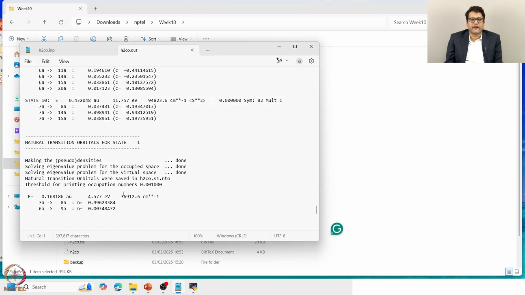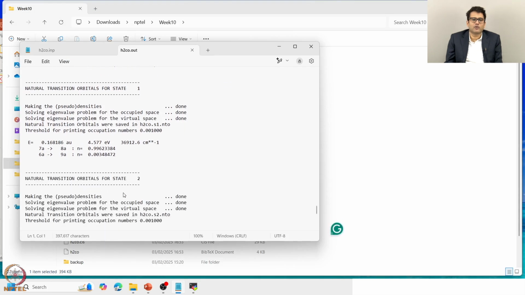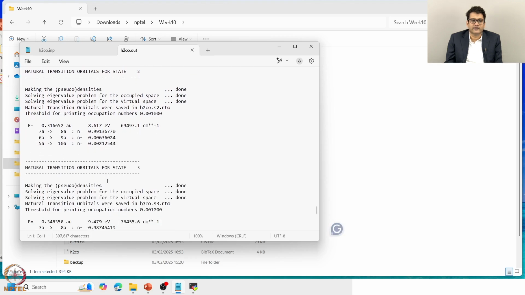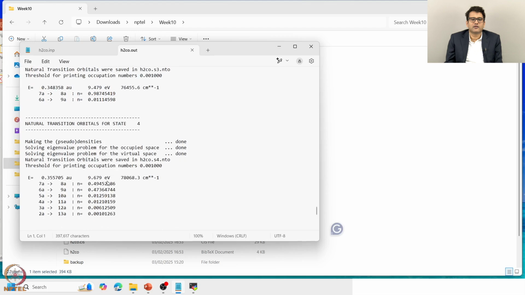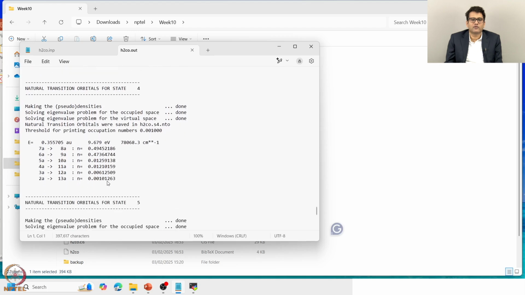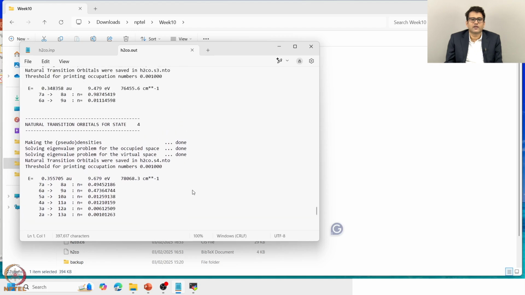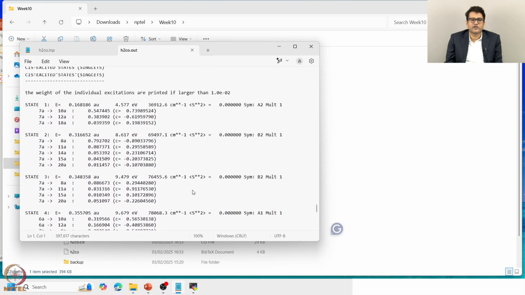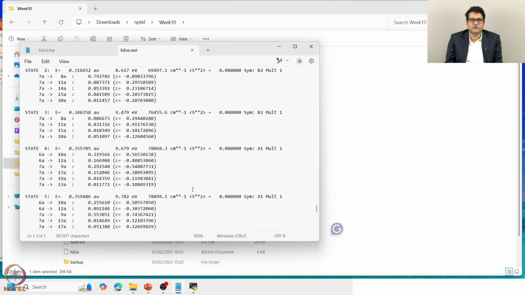Each of these NTO files contains the natural transition orbitals which best depict the corresponding excitation. So, this is for state 2, state 3, state 4. Now, just think of our original calculation.